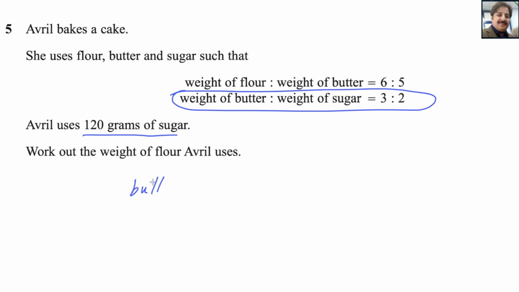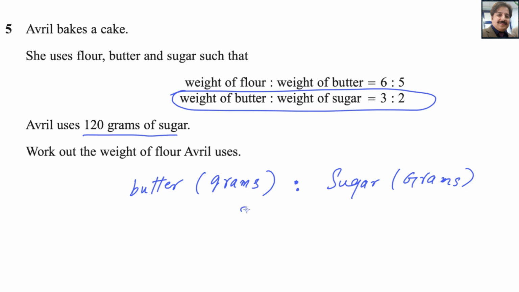Butter, and butter is given in grams. Ratio sugar, that is also given in grams. Because the butter ratio sugar is 3 ratio 2, we want here 120.